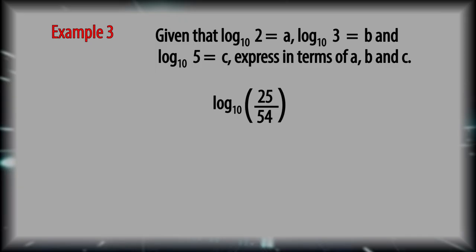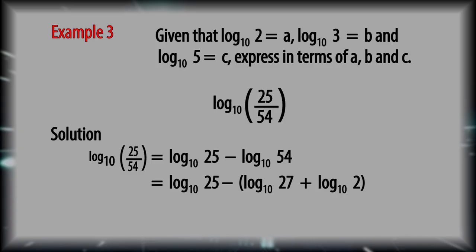Now to solve this, we will write the numbers in the question as multiples of those given in the question. But first, we have to change from division to subtraction. So we'll have log base 10 of 25 minus log base 10 of 54.